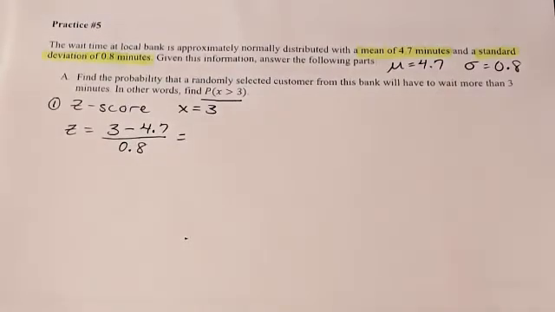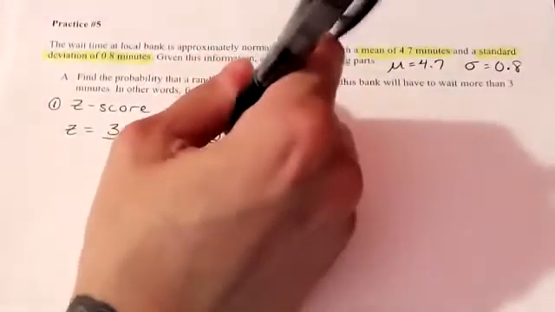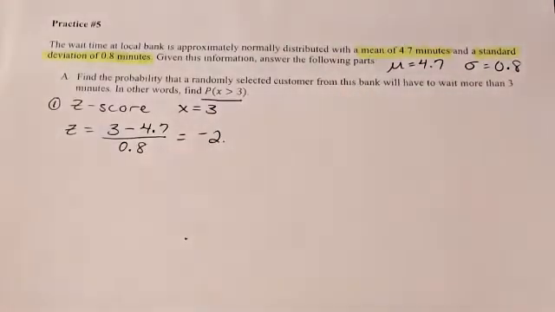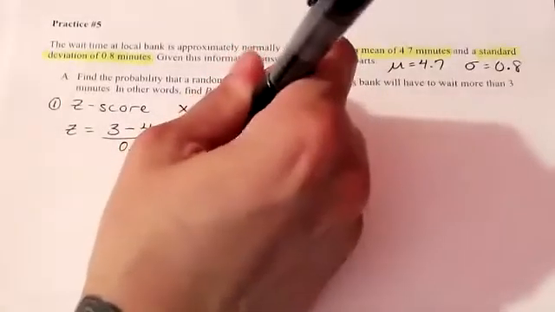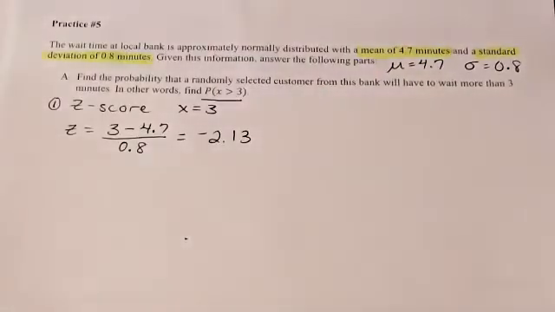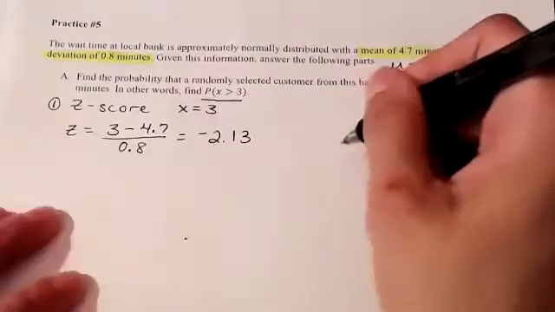I got negative 2.125. Awesome. We're going to round to the nearest hundredths place because we need 2 places after the decimal so we can use that chart. So we will say negative 2.13. Beautiful.